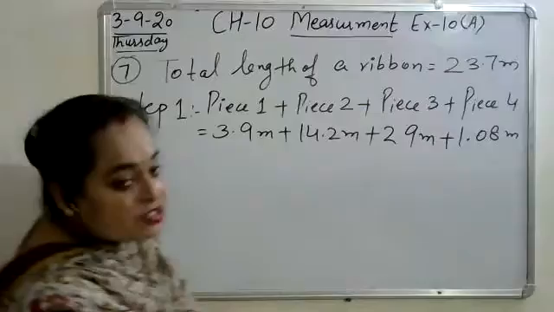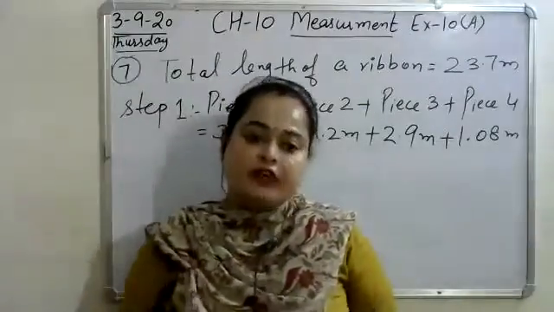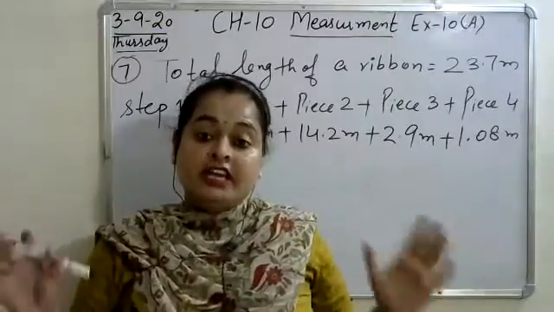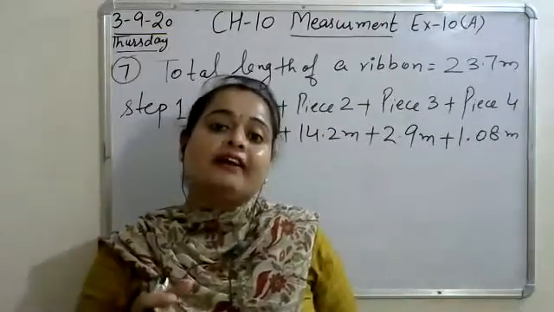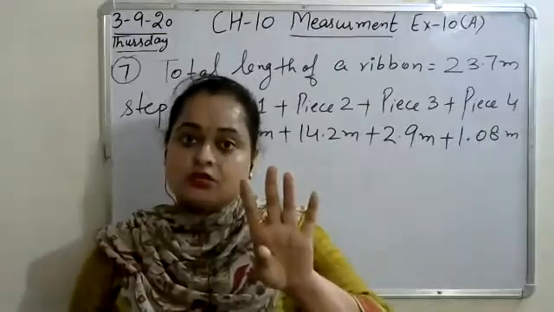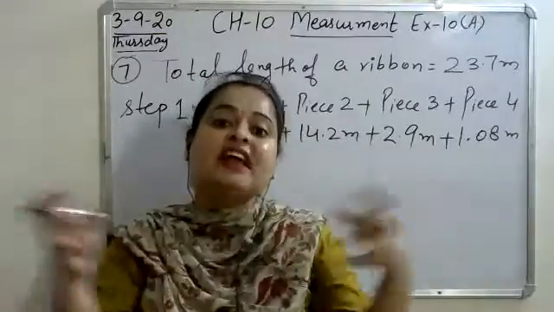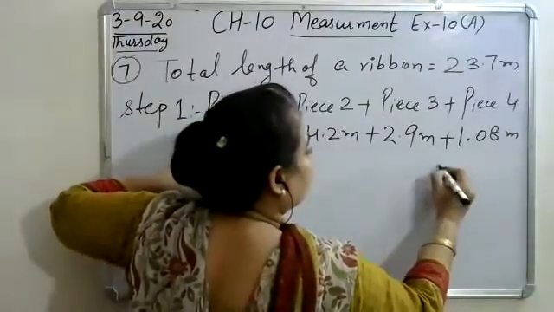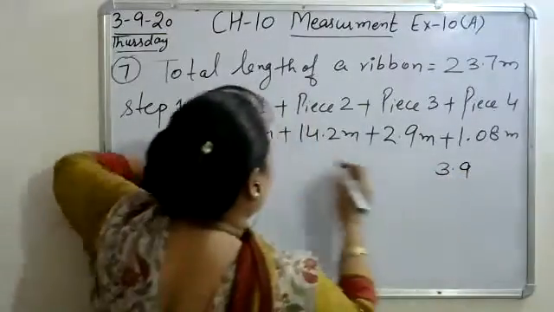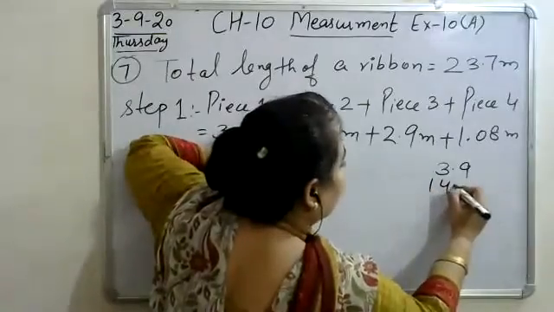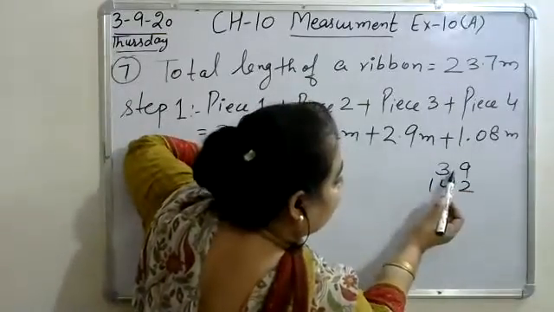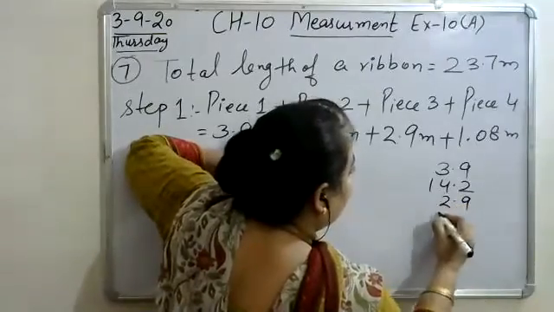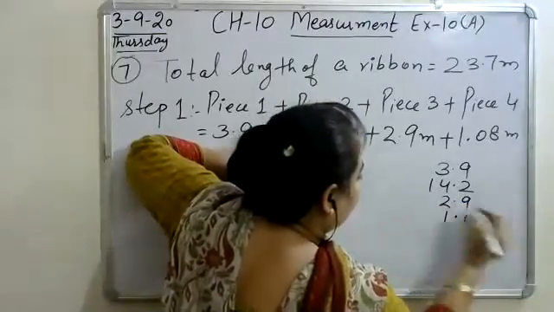So in the first step, a long ribbon is given to you. Initially, you will cut that ribbon into 4 pieces. So first of all, you will combine those 4 pieces. So 3.9, look here, decimal very, very carefully. 14 decimal 2. Decimal in a single row. So 2 decimal 9. 1.08.